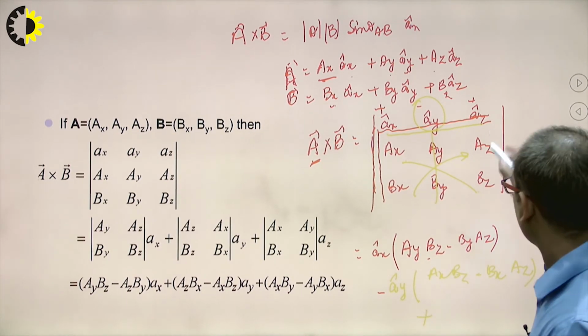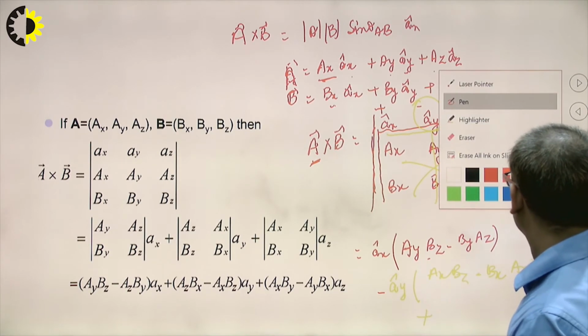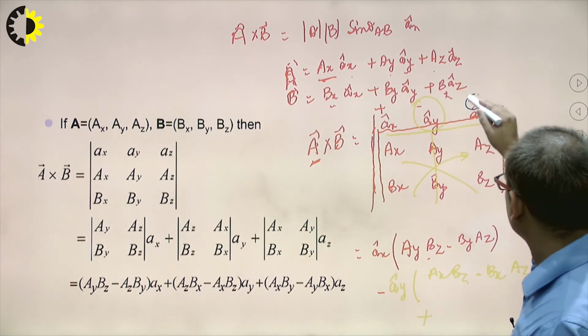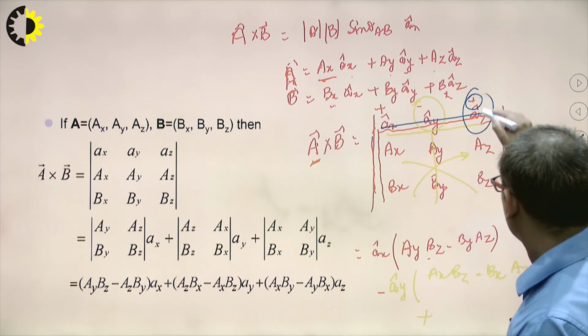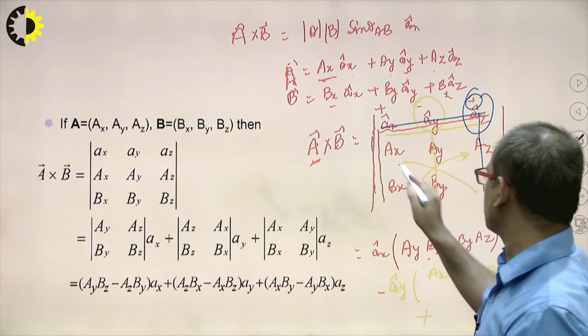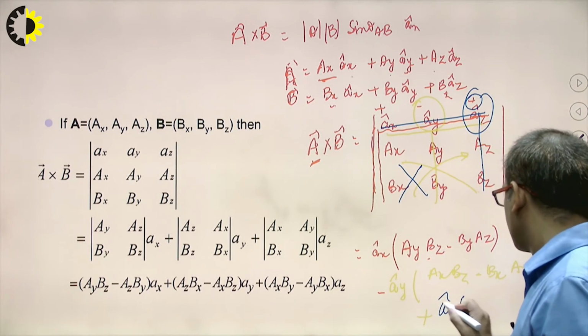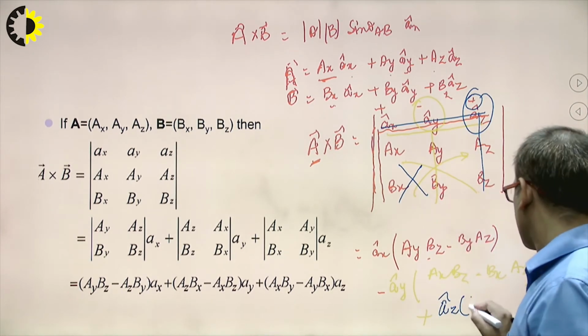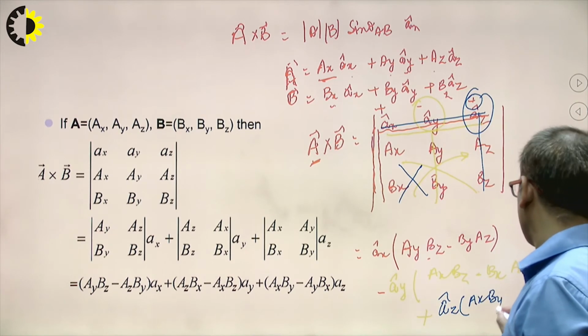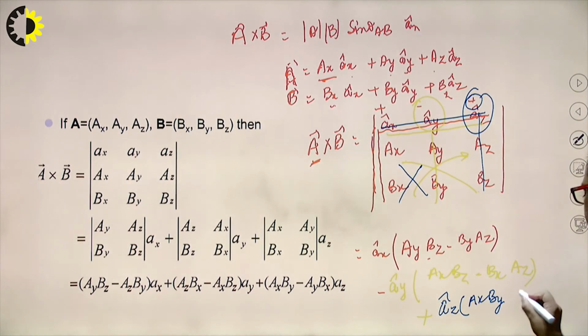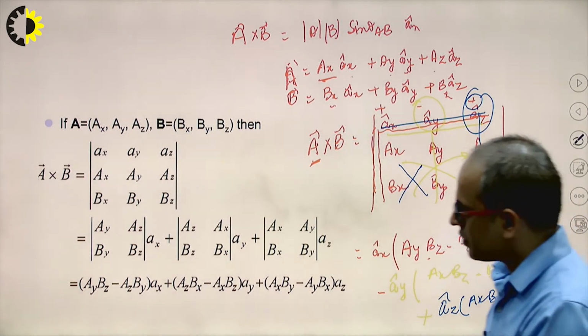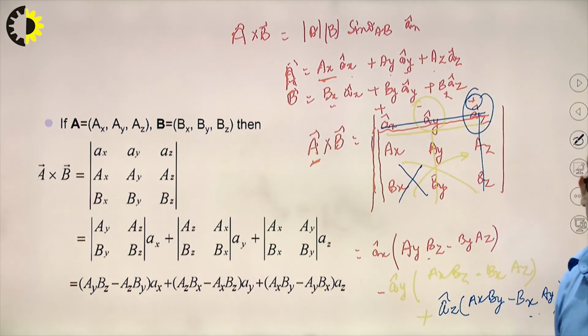Plus, now we'll see this one plus this one, just multiply these two, you will see here plus a cap z times ax by minus bx ay. So this one is the method for calculating the cross product.